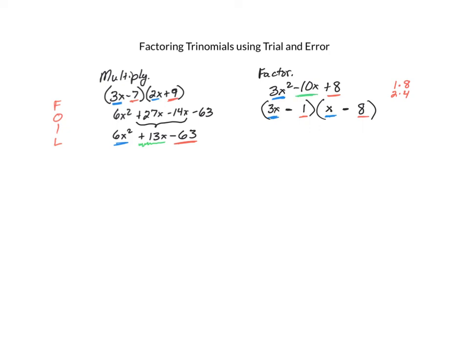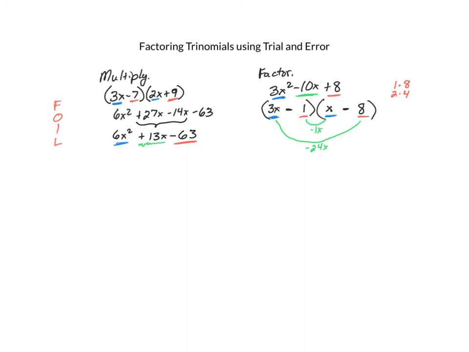And in order for that middle term to be negative 10x, the product of the outside terms and the product of the inside terms added together better give us negative 10x. Notice here it gives us negative 24x and negative 1x, so that is not it.